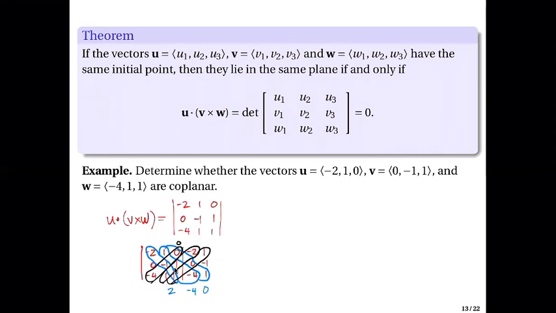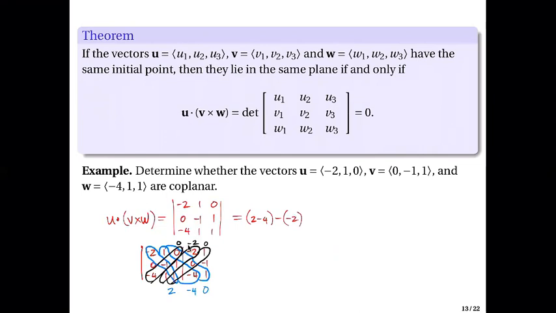This one, 1 times 1 times negative 2, that's negative 2. Then here, 1 times 0 times 1, that's just 0. So this determinant is 2 minus 4 minus, you just have negative 2 here.